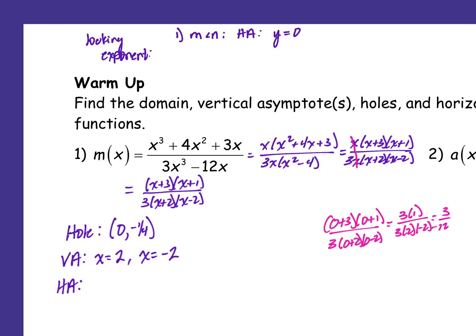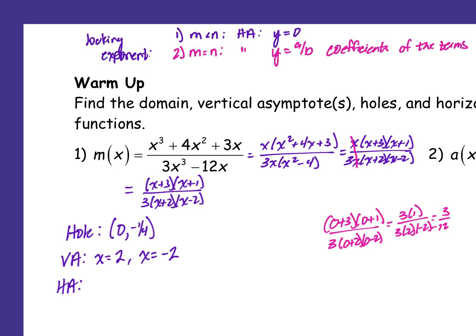The second situation says if the top exponent equals the bottom exponent, then my horizontal asymptote is going to be y equals a divided by b, where a and b are the coefficients of the terms. So whatever number comes with the top one and whatever number comes with the bottom, it's my leading coefficients for each term.